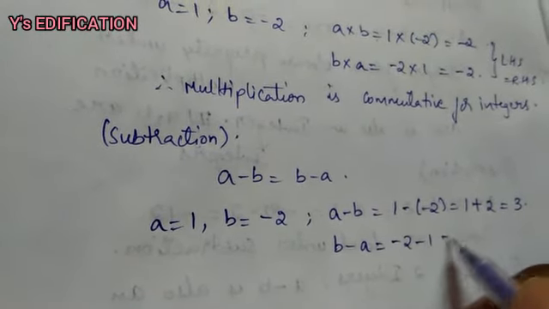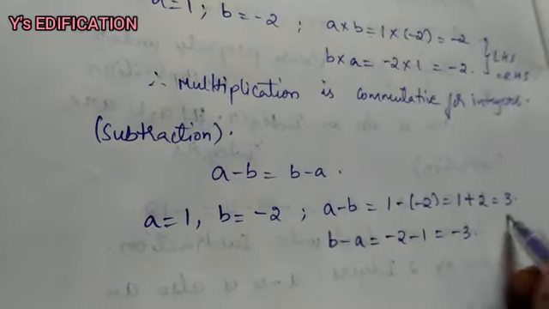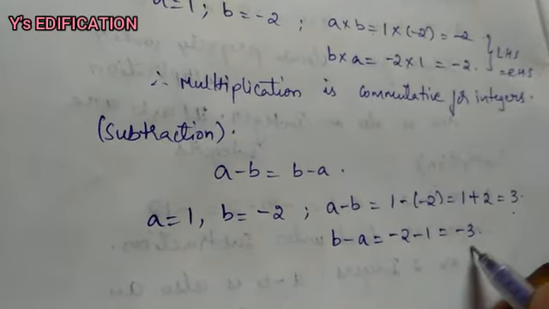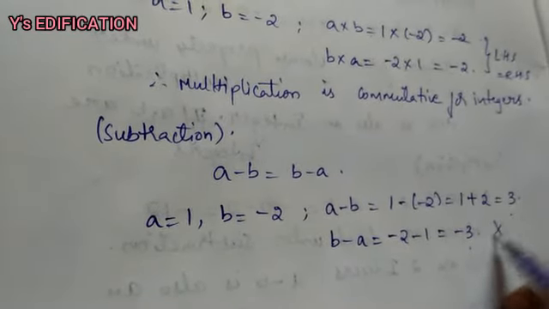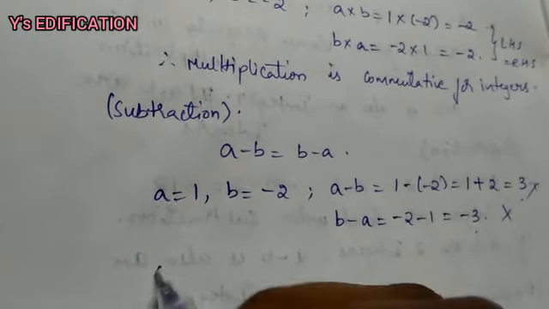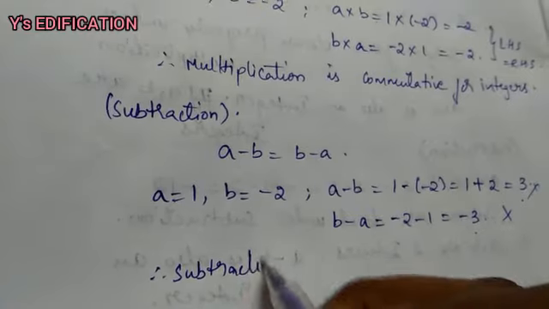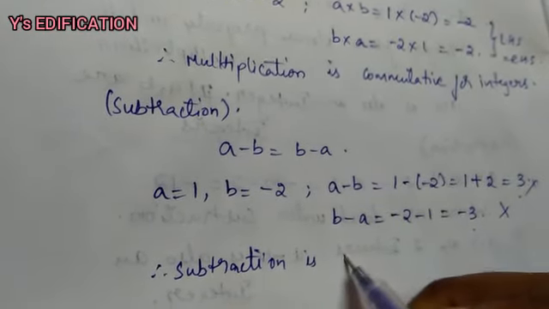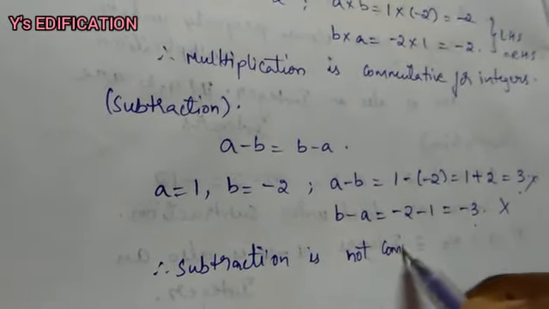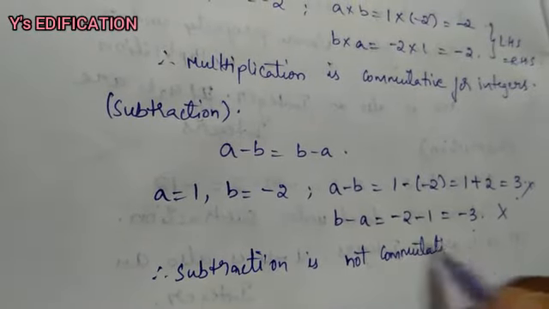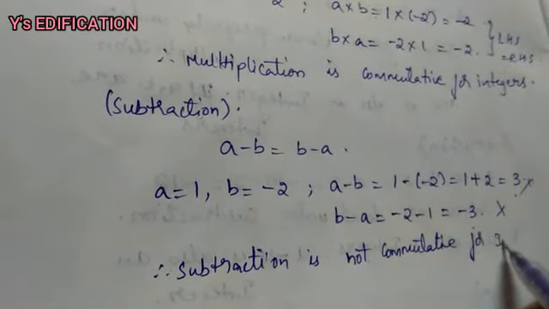Minus 2 minus 1. The answer is minus 3. Here a minus b is 3, b minus a is minus 3. LHS and RHS are not equal. So we can say that subtraction is not commutative for integers.